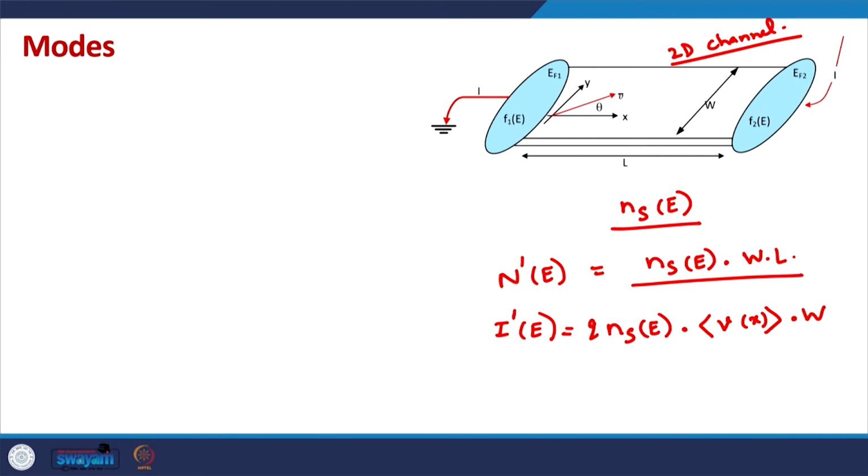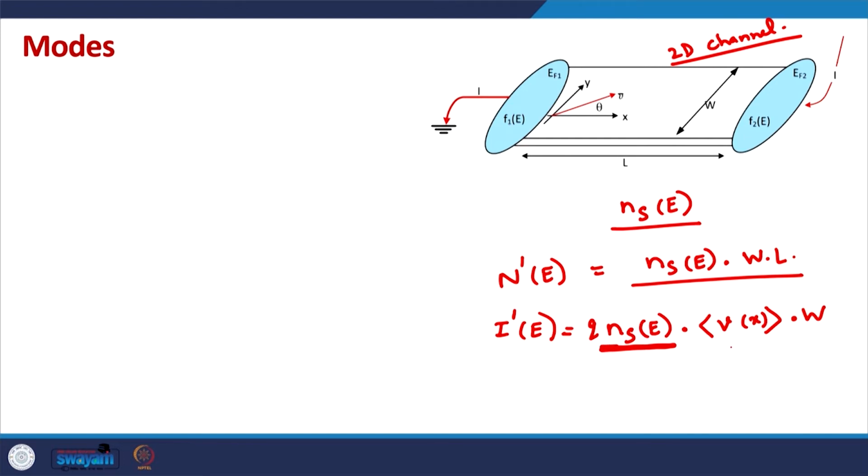Okay. So, this will be the steady state current in the device if the steady state charge density of the device is NSE, and this expression is quite obvious, because NS times NSE tells us the number of electrons that exist in steady state.